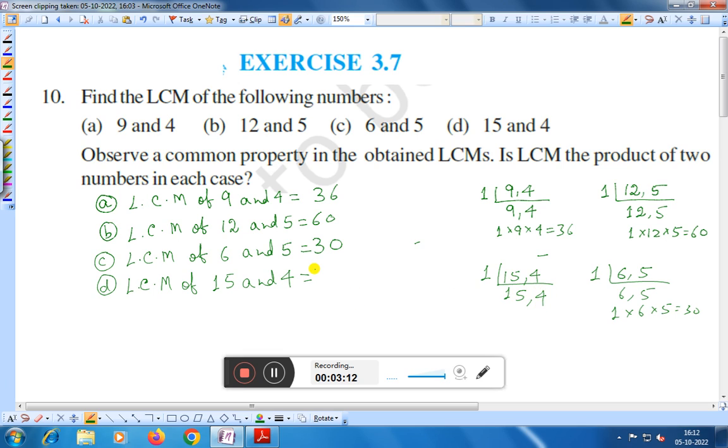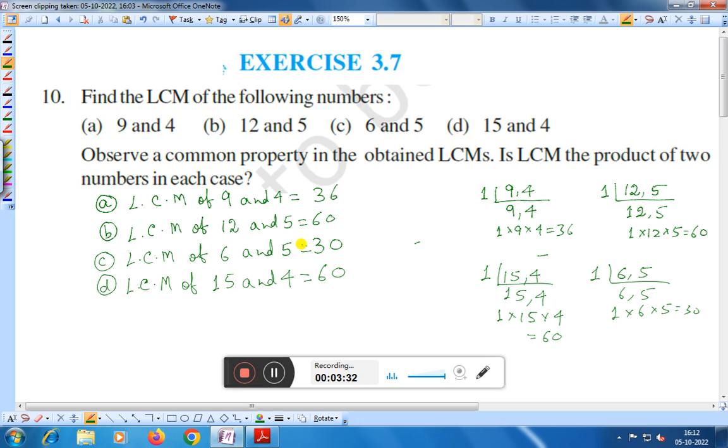Therefore, the LCM is 1 into 15 into 4, that is 60. Now, the question is, observe a common property in the obtained LCMs.